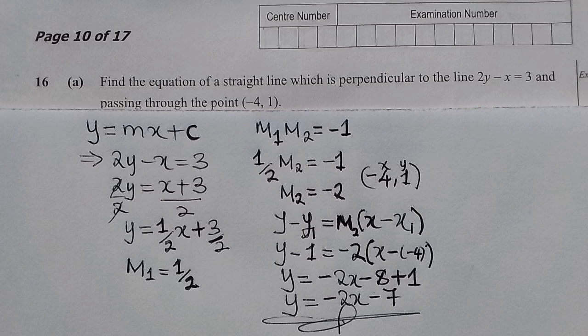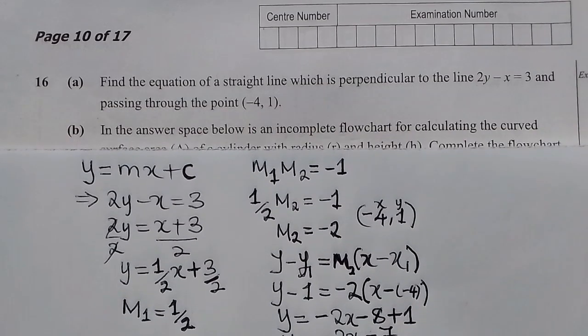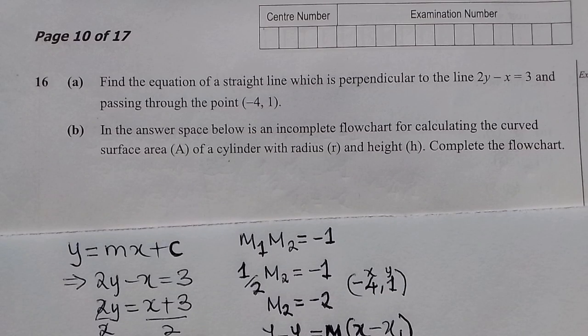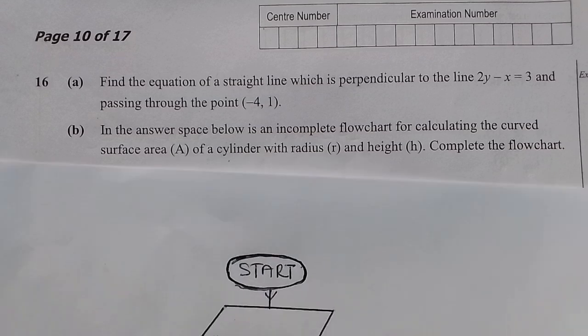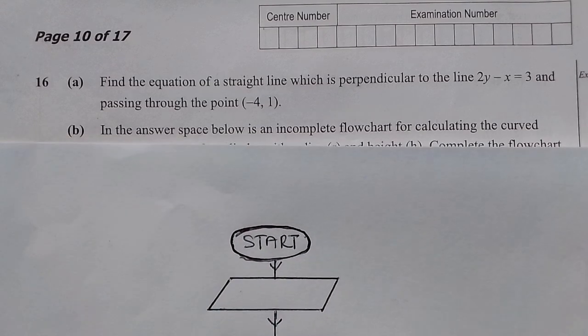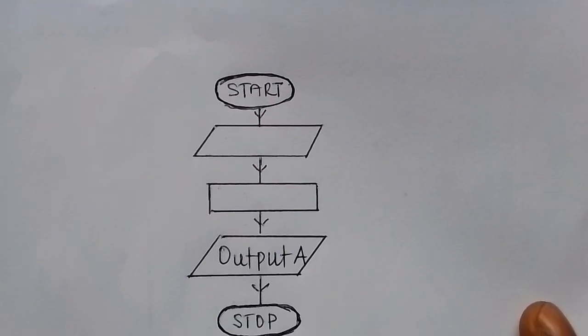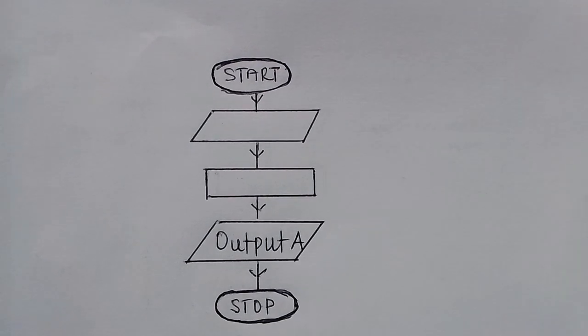So moving on, working out 16b. For 16b, what we are looking at is a flowchart which is incomplete. So this flowchart, we're saying it's like this.